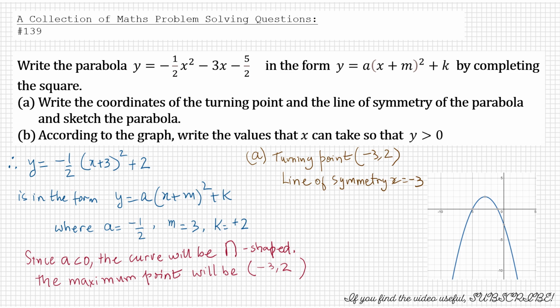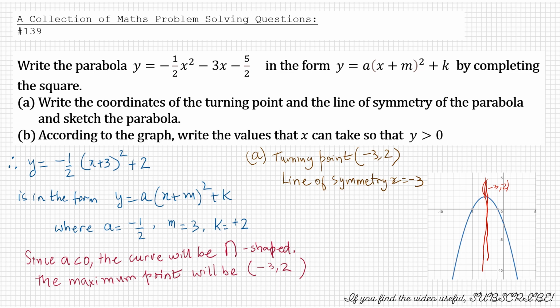And when you draw the curve, this one is the required point. So this is the point that is (minus 3, 2), and the line of symmetry will be x equals minus 3. This is the line of symmetry, x equals minus 3.